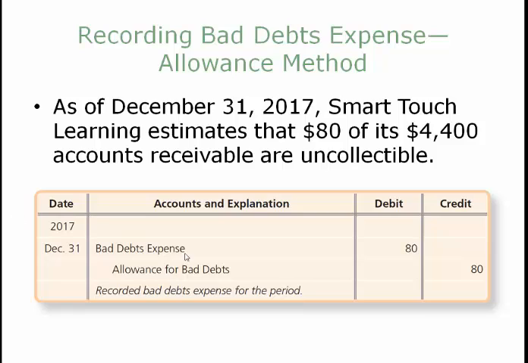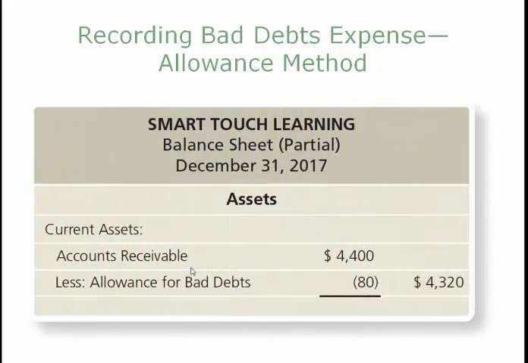Remember, this allowance for bad debts account is a contra asset account, which means the normal balance is opposite the normal balance of an asset. When you look at financial statements, it's going to tell you accounts receivable net, and that's what you'll see most of the time. They won't disclose both of these, but you'll see this in the notes of the financial statements. But the accounts receivable net is $4,320.